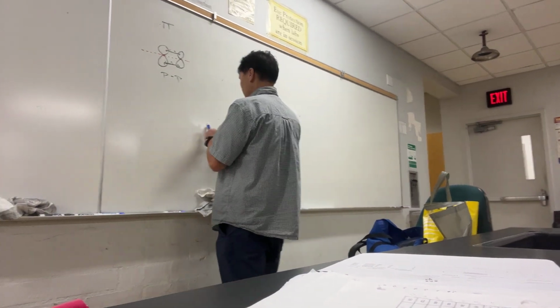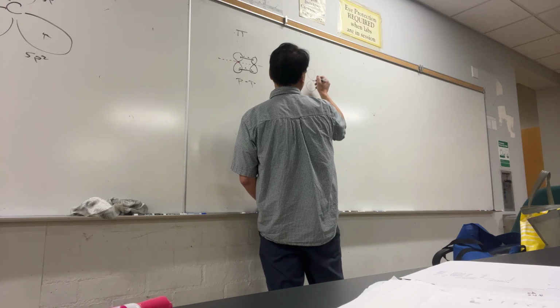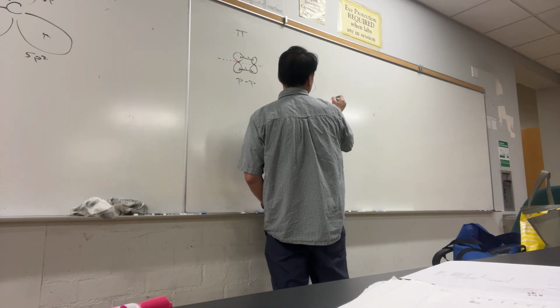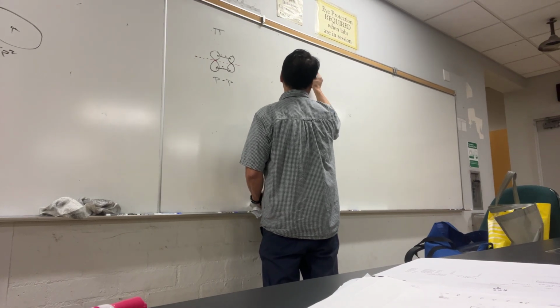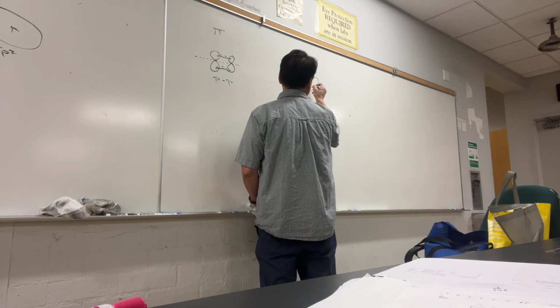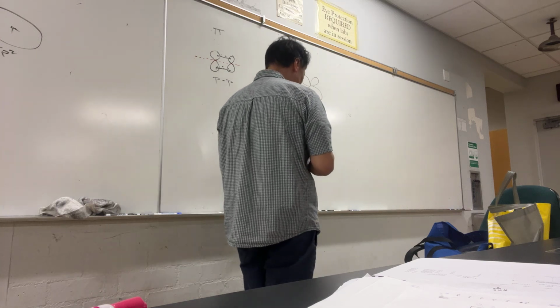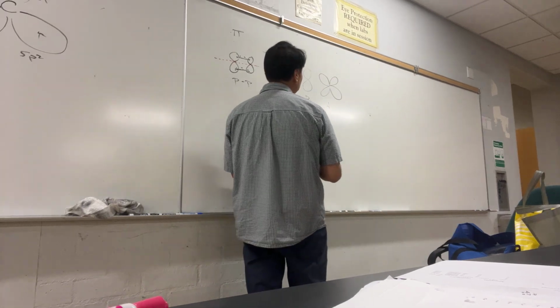And we have another type of pi bond, which is a pd pi bond. D orbitals are these 4-leaf clover-like ones. So this is a D. D has 4 lobes. 2 of the 4 lobes can participate in the pi bond here.